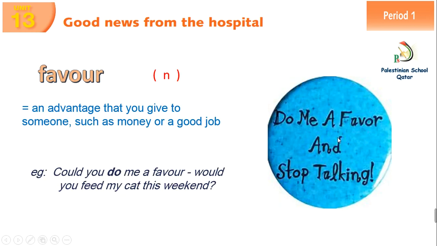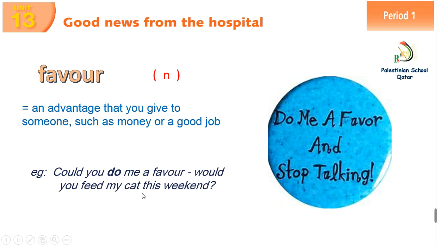Favor, here in this picture, do me a favor and stop talking, if the teacher says this in the class. Favor is an advantage that you give to someone, such as money or a good job. For example, could you do me a favor?